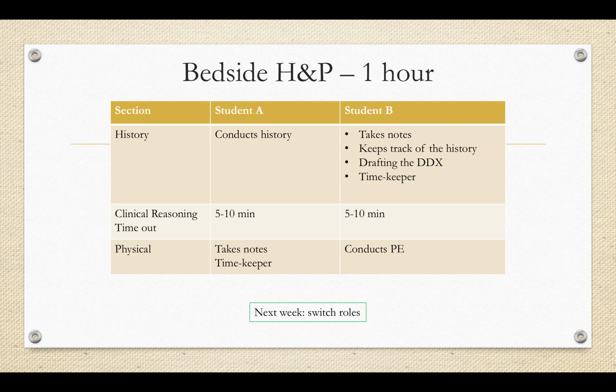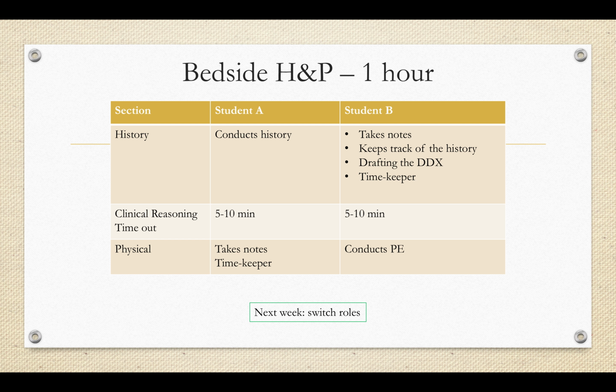During that clinical reasoning timeout, they're going to think about the differential. What history still has to be obtained to explore the diagnoses they're considering? In addition, they should start thinking about what physical exam maneuvers they want to prioritize given the differential that they're considering. So they're going to go back in the room.